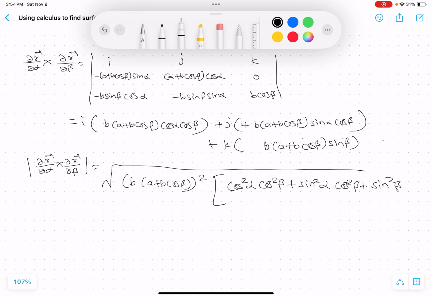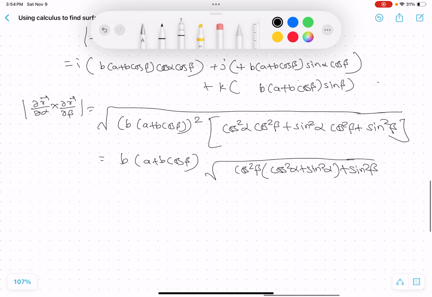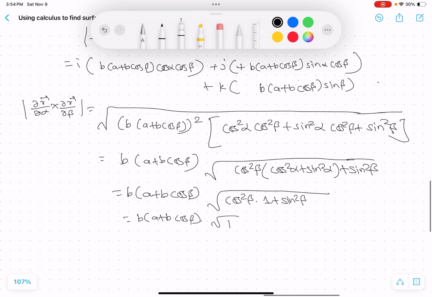If I take cos square beta common over here, I will have cos square alpha plus sine square alpha times cos square beta plus sine square beta. This is just the square root of cos square beta times 1 plus sine square beta. This is just 1, so that is b times a plus b cos beta. So we see that this cross product magnitude is just b times a plus b cos beta, right?